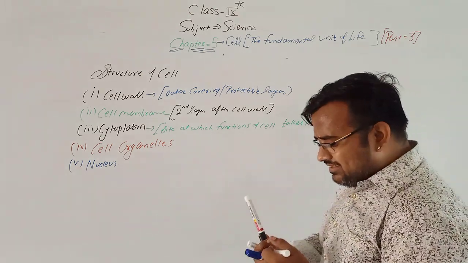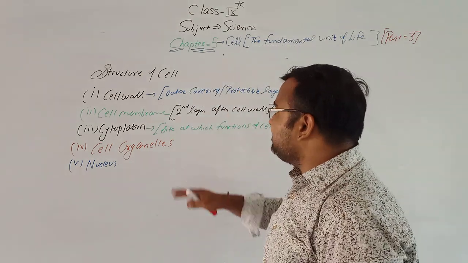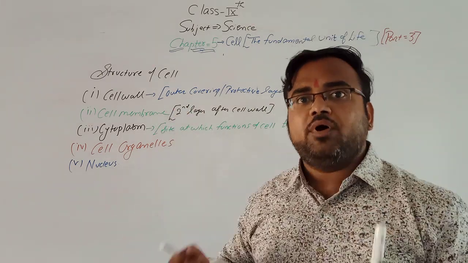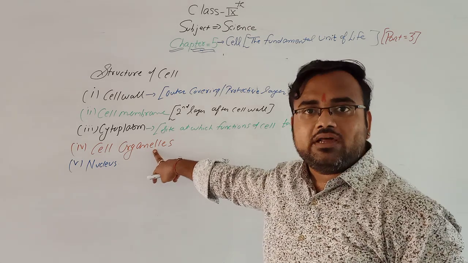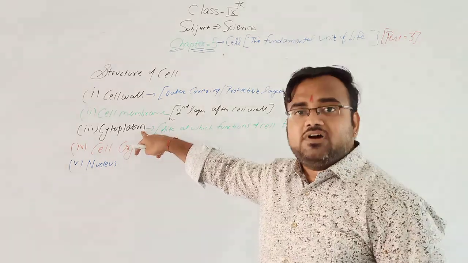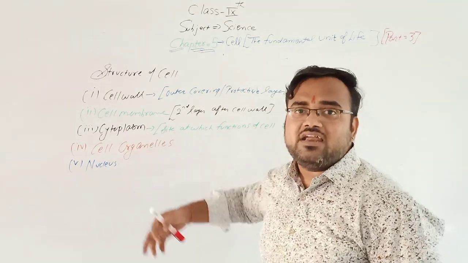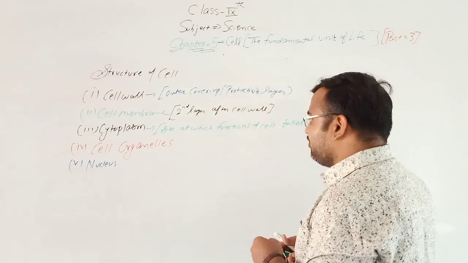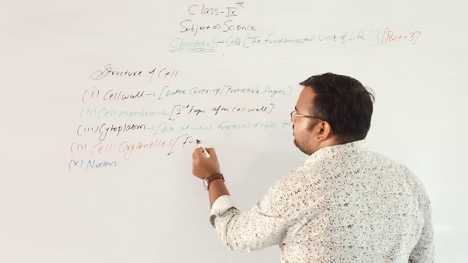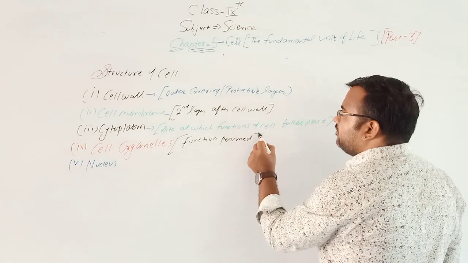Now what are cell organelles? All the functions take place in the cytoplasm, but who performs the function? Cell organelles perform the functions. The cytoplasm is only the site where the functions of the cell take place.